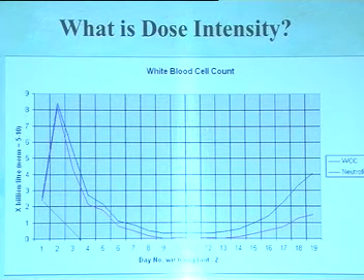The thought process is that if you can give the chemotherapy every 2 weekly and dose intensify, maybe the tumor will respond better, so that you do not allow the tumor to grow in between. So what people do is that they start growth factors here, and instead of this rise happening in the 3rd week, it happens at day 14. So we can give the chemotherapy every 2 weekly.